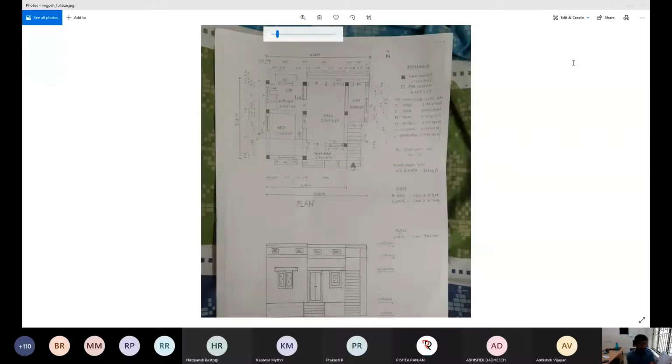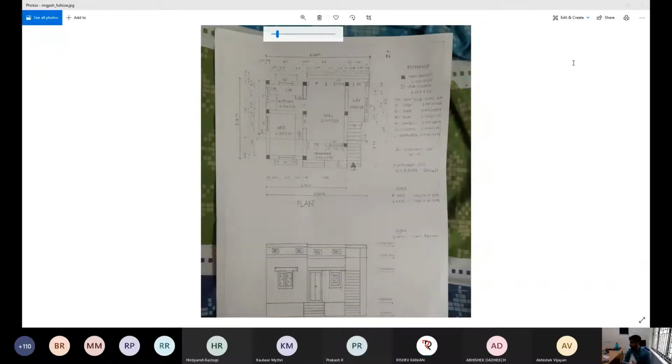Based on the sheet size, you can do the scaling. In an A3 sheet, no problem, you can prefer the required scale. But in the case of this A4 sheet, you should choose the respective scaling. Depending on the area, you can decide that scaling and everything.